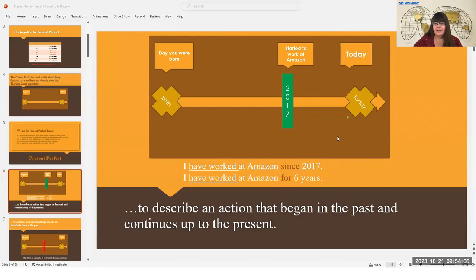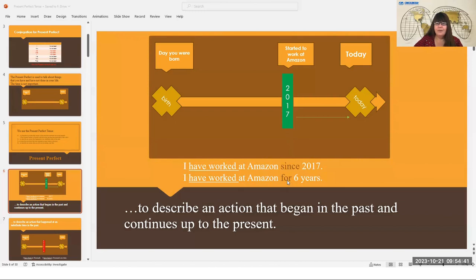Now, I have these words since and for in a different color because these are two words that are used a lot in the present perfect tense. When we say since, it can tell us the year, the month, the day of the week. So since 2017, since last week, since July.